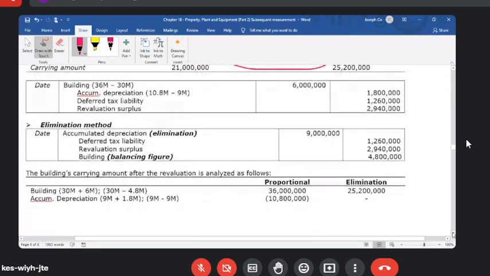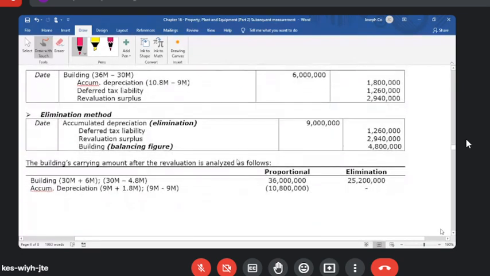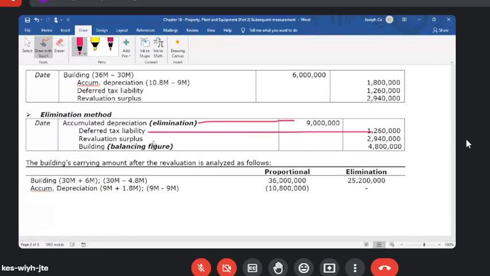On the other hand, under the elimination approach, we eliminate the accumulated depreciation. We record the deferred tax liability, we record the revaluation surplus, and the balancing figure is building.